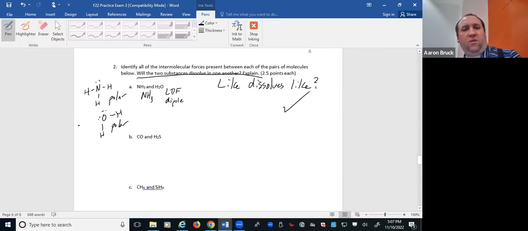Yes. We've got a polar molecule. NH is one of the bonds that we looked for, so we've got hydrogen bonding there as well. In water, I've got the same things: London forces, dipoles, and the OH bond means that we've got hydrogen bonding as well.